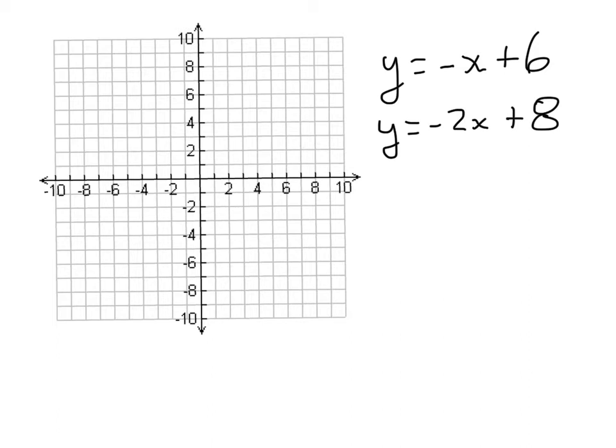So let's graph these. Line 1 will be red, and line 2 will be blue. Let's do red first, line 1. I notice plus 6, so I come up here to 6 and put a point. Let's talk about slopes for a second.